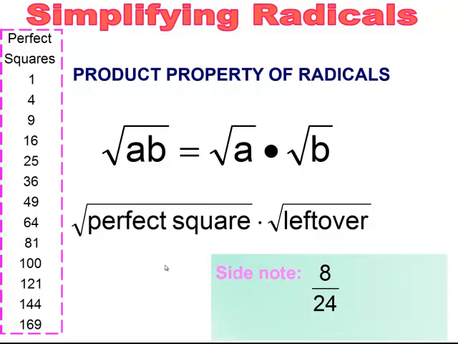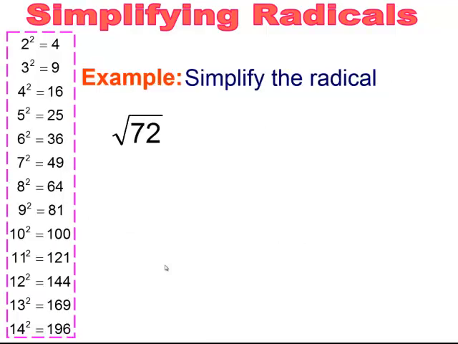So if I take 8 over 25 and reduce it to 4 over 12, it's not in simplest form, therefore it's not correct. I would have to keep on reducing in order to have it in simplest form. Similarly, if you simplify a radical, you have to have it in simplest radical form. So let's do an example.